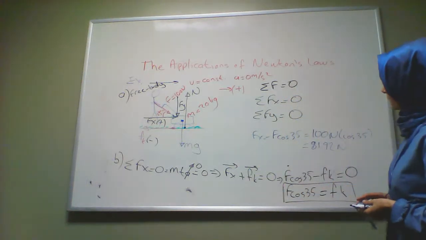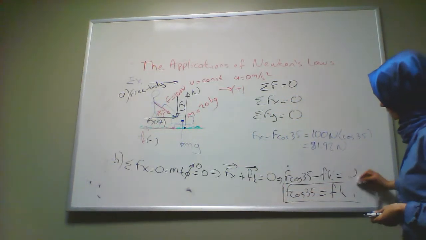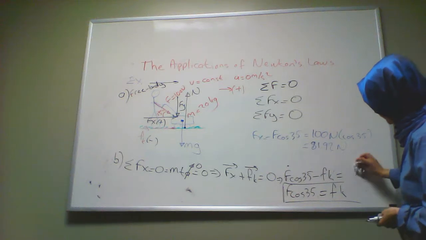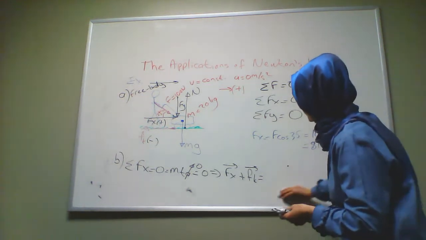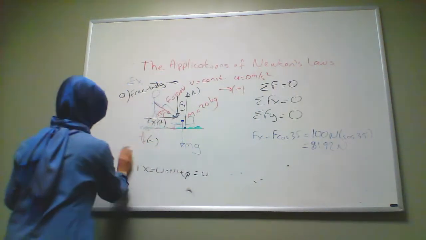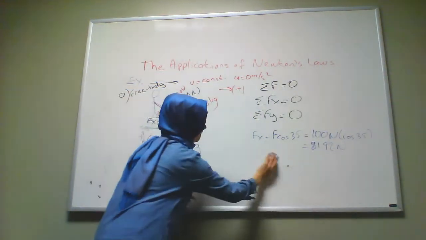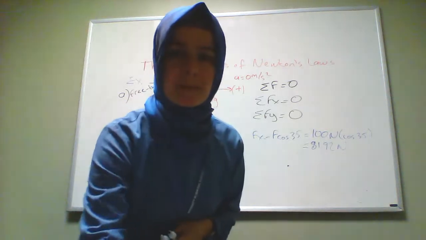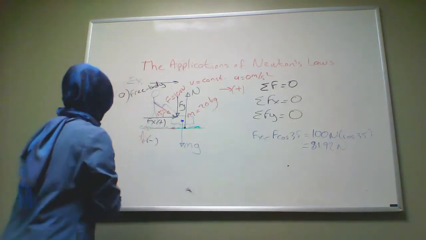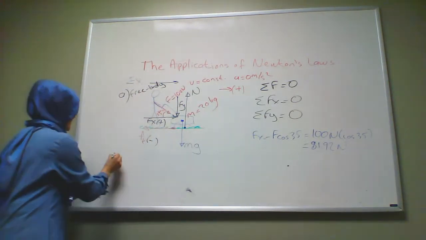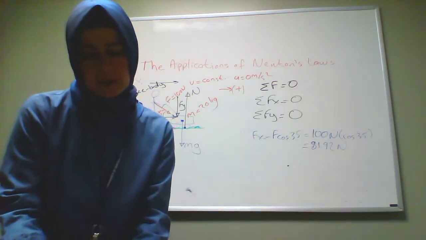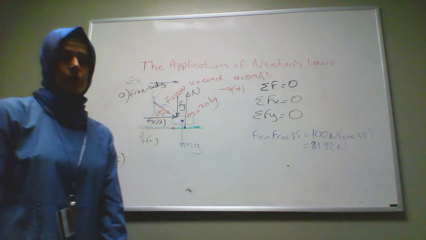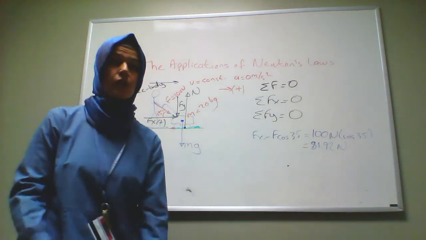Okay, I am gonna delete this one and I'm gonna solve C in here as well. So C is asking us, probably you've guessed already, calculate the vertical normal force acting on the lawnmower.